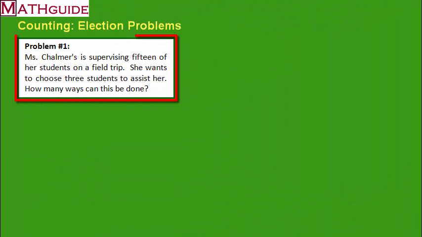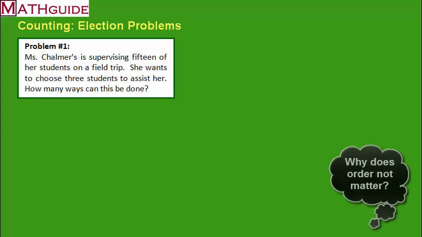Here's our first problem. Ms. Chalmers is supervising 15 of her students on a field trip. She wants to choose 3 students to assist her. And how many ways can this be done? All right, so we know that she has 15 students, and the fact that she has to choose 3 of them, it really doesn't matter in which order she chooses these students.